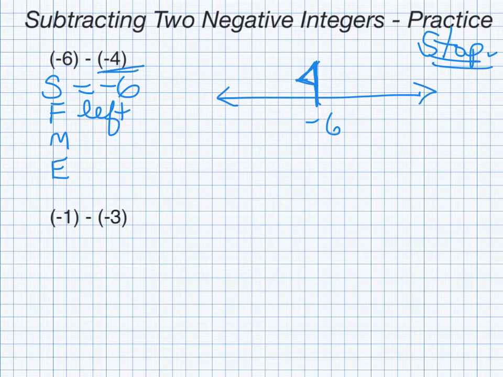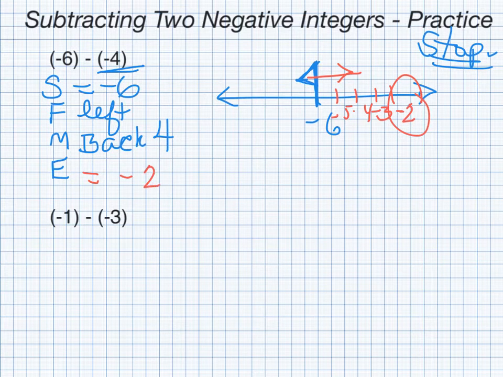I'm going to move 4 places back because that's a negative number. So I'm going to go back 4, in this direction. 1, 2, 3, 4. So that's negative 5, negative 4, negative 3, negative 2. My final answer, where I finally end up, is negative 2.